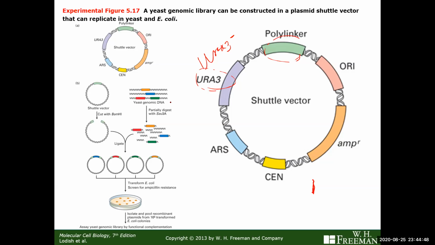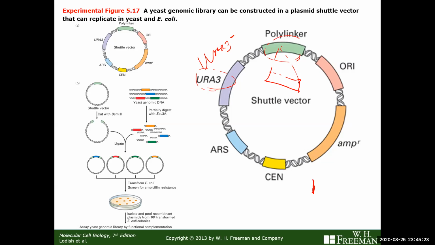I would prefer to go for at least a hexacutter, and then you clone those into a similarly digested shuttle vector, and then you are going to generate all different kinds of recombinant plasmids. Recombinant because they will have the shuttle vector, and in the polylinker site there will be a sequence of DNA which is a piece from the genome of yeast.